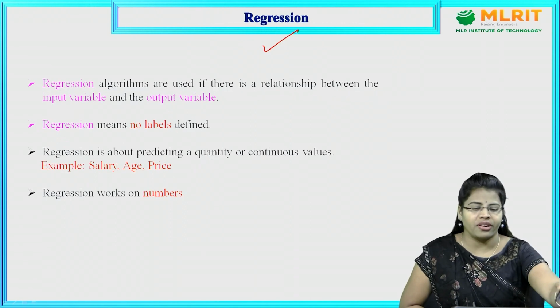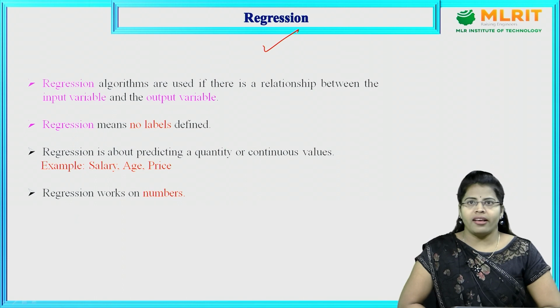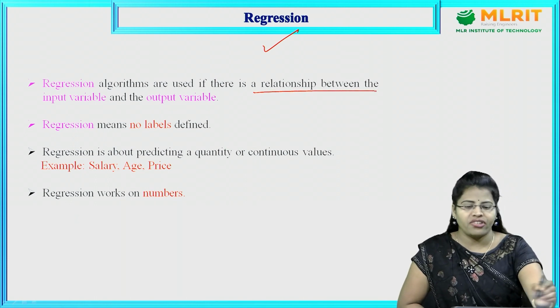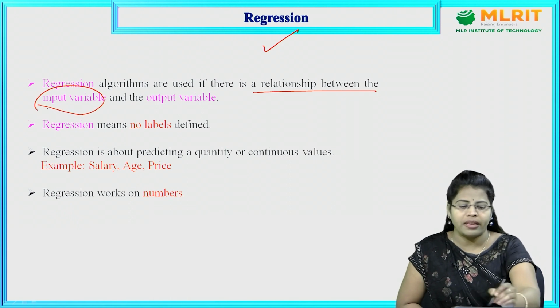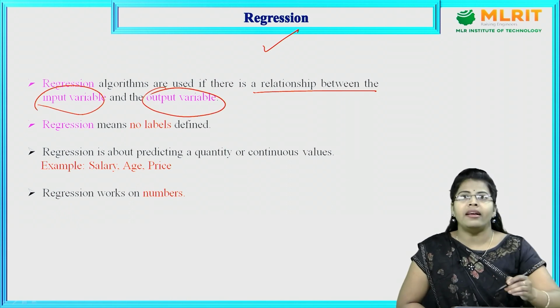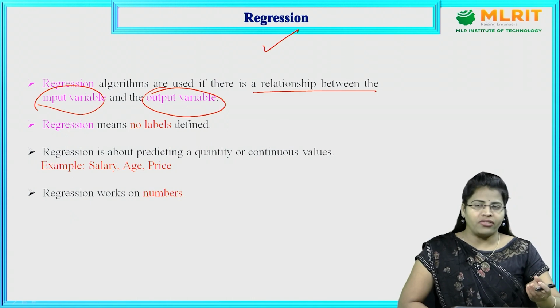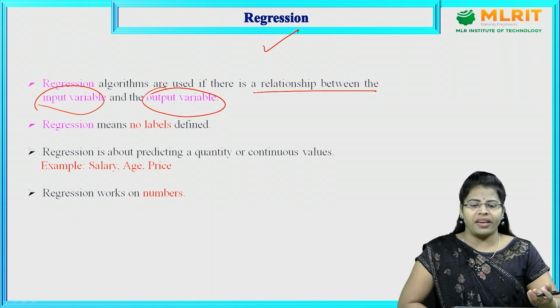Coming to regression, what do you mean by regression? Regression algorithms are used if there is a relationship between the input variable and the output variable. It should have some relation. It should work on two things, that is the input variable and the output variable.